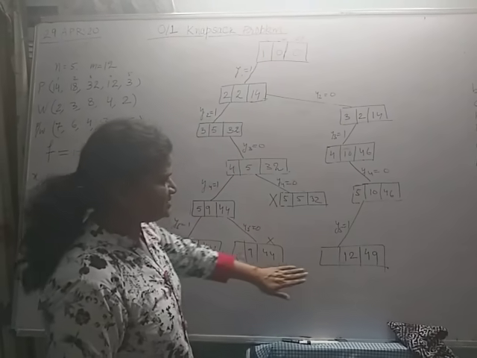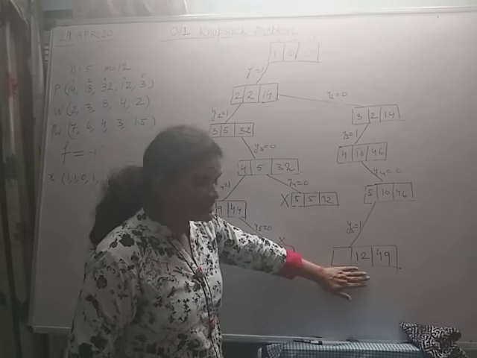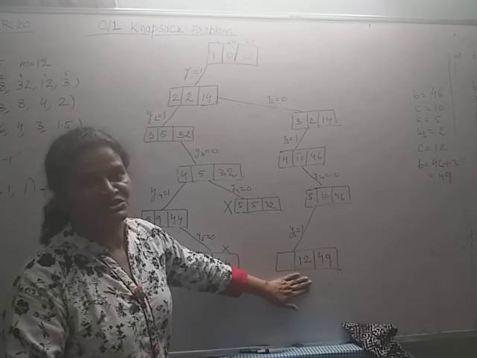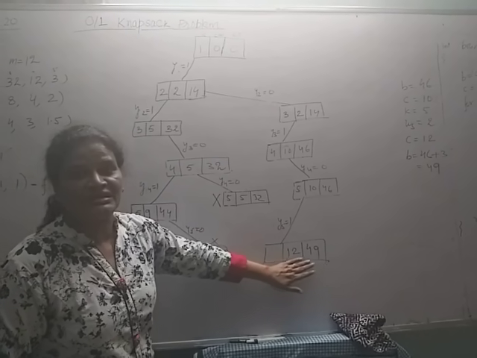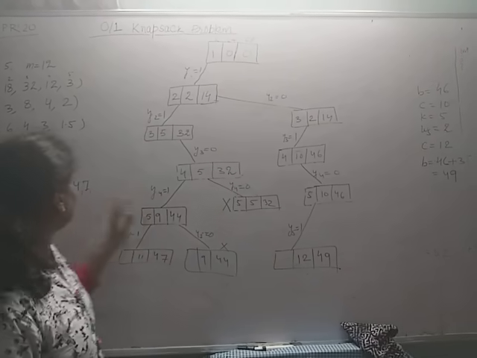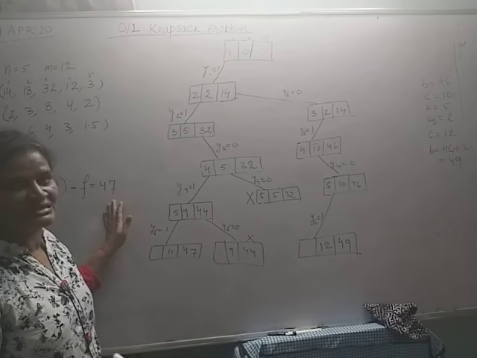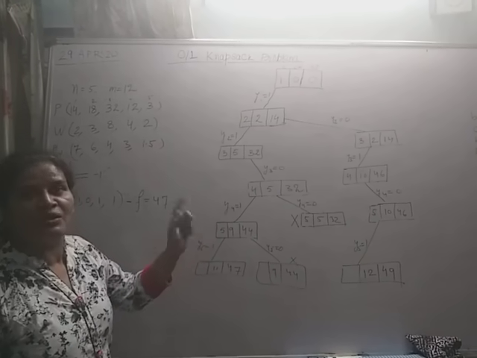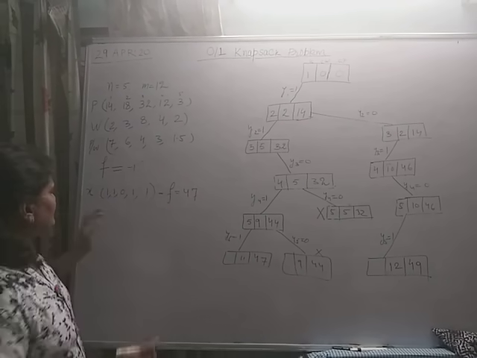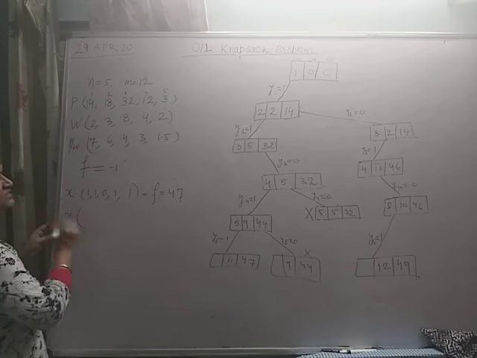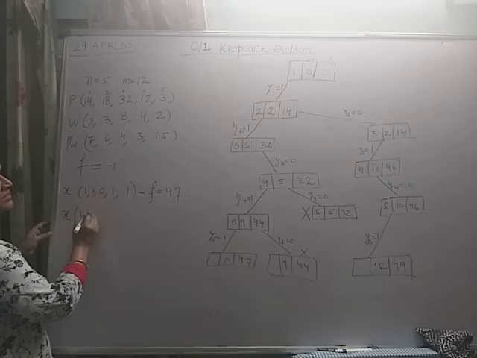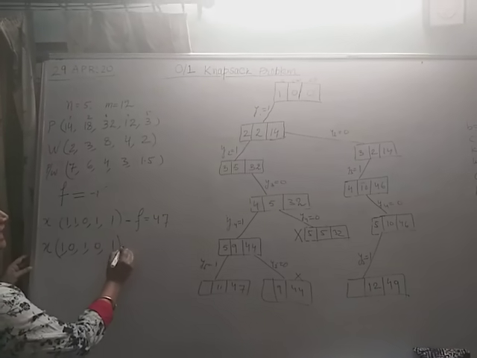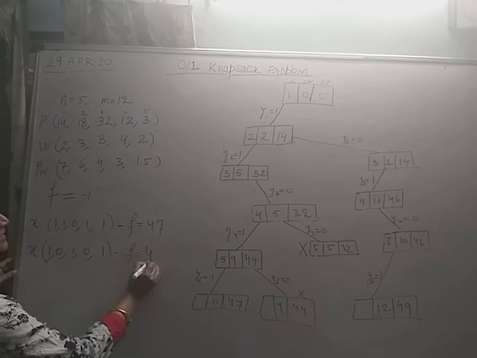So you move to the left branch, leaf. So here you get the next solution vector whose profit is greater than the profit of the solution vector generated so far. So now the x will be overwritten. At this point x will be 1, 0, 1, 0, 1. And its profit is 49.